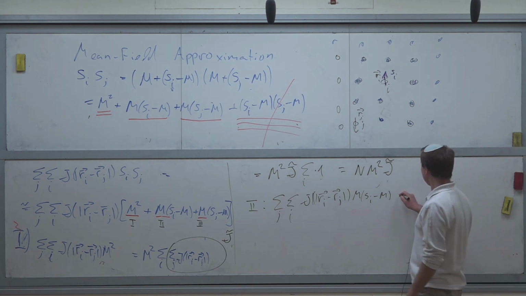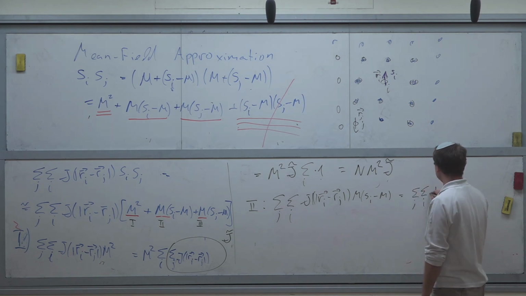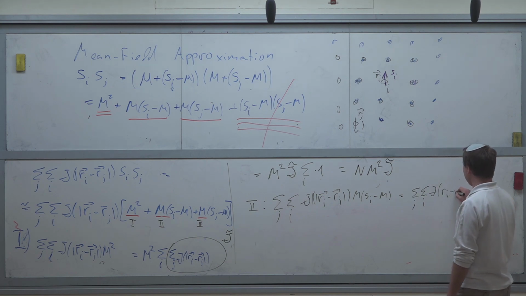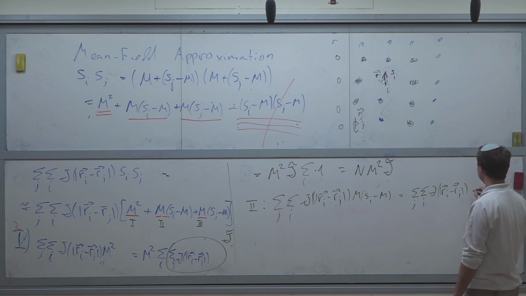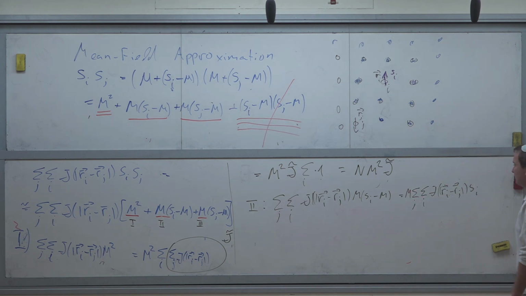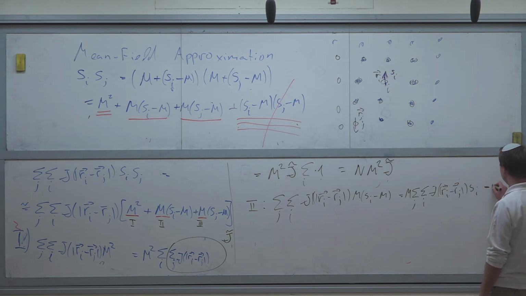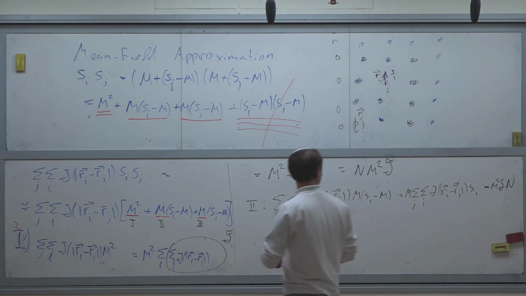So this is a sum over j, a sum over i, j of Ri minus Rj multiplied by m and Si, minus m squared J tilde multiplied by N. You agree with me?